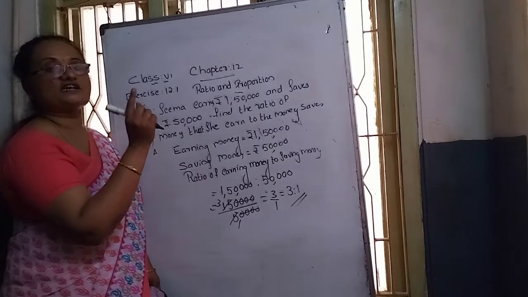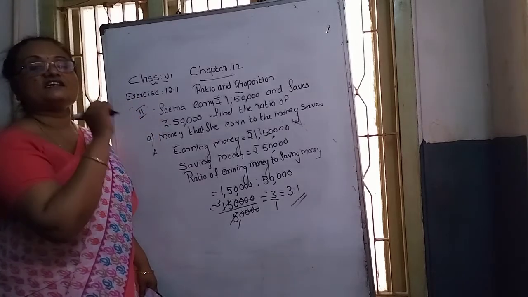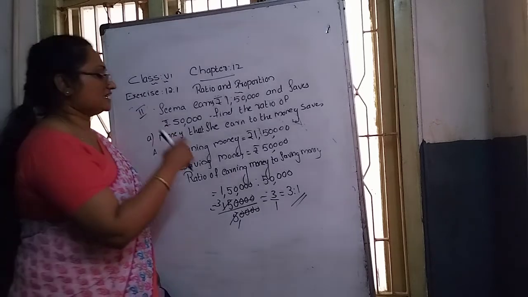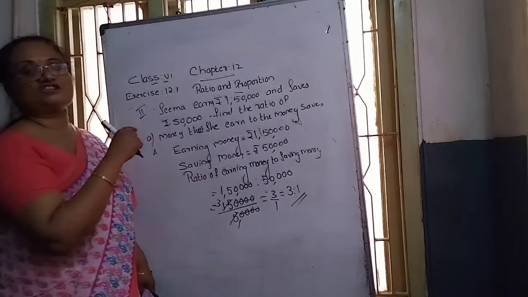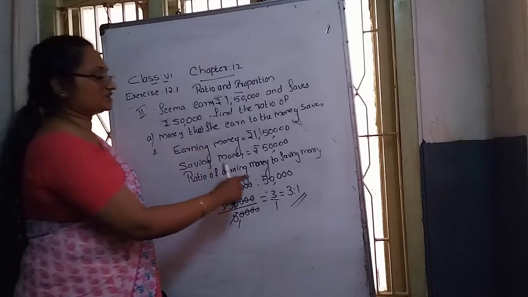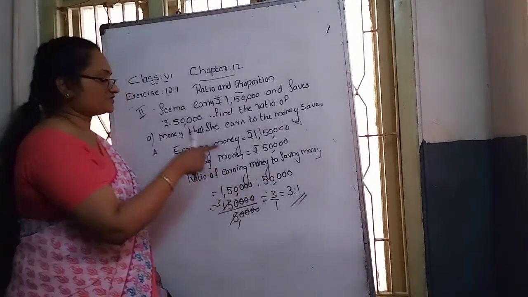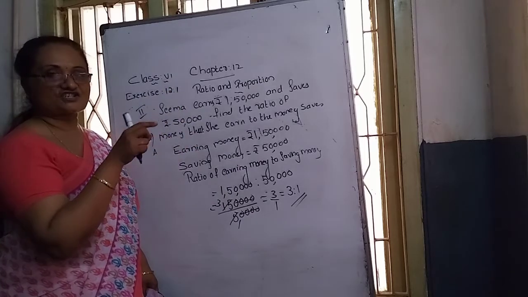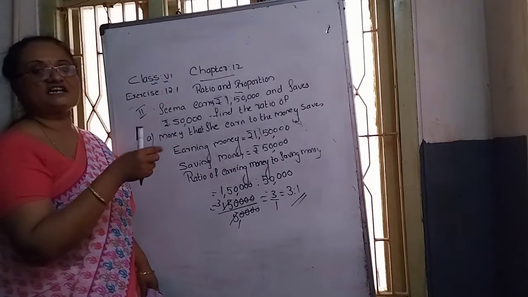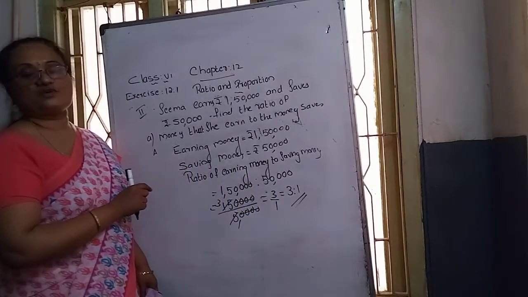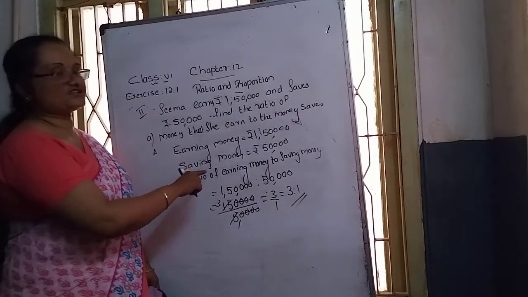The question asks us to compare them. First we write a fraction, cancel, and then change it to ratio form. That is the meaning of this first part.